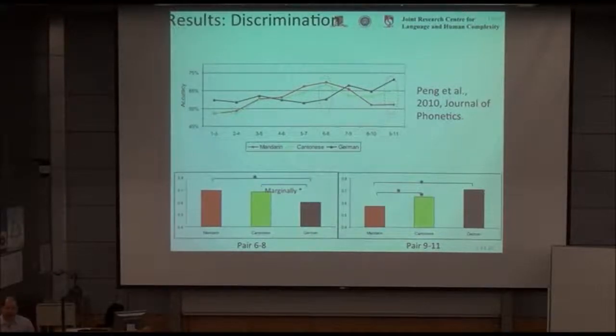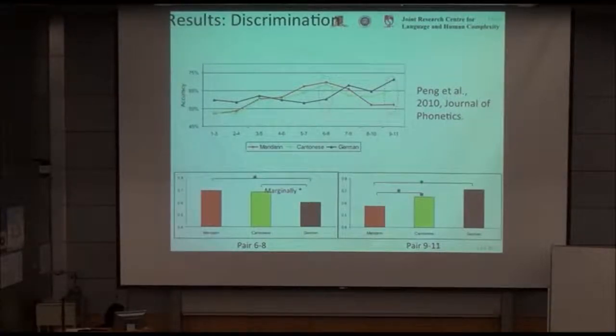In addition to the high level tone, Cantonese also has another level tone, the low level tone. Maybe because of the existence of the low level tone, the Cantonese group shows relatively high accuracy at this very end.